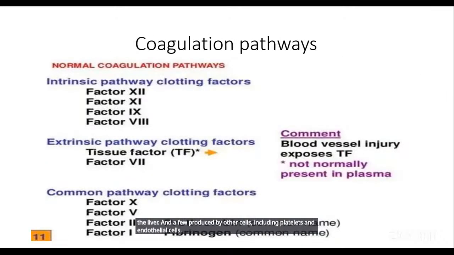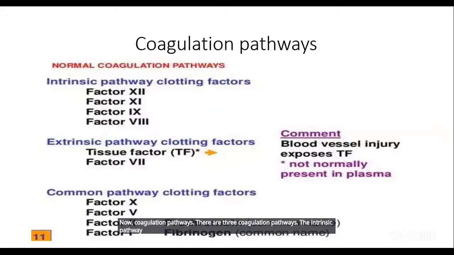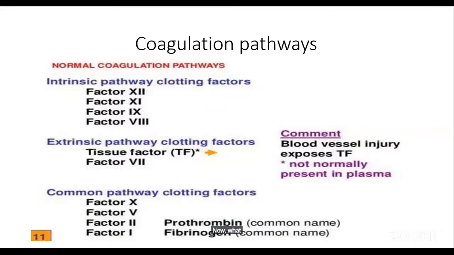Now, coagulation pathways. There are 3 coagulation pathways: the intrinsic pathway, extrinsic pathway, and the common coagulation pathway. Now, what are the key coagulation proteins or coagulation factors that are involved in the intrinsic coagulation pathway?